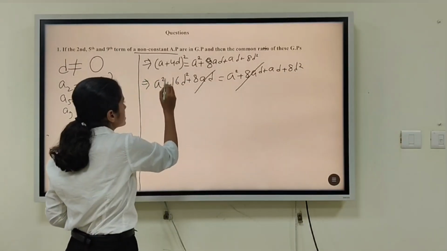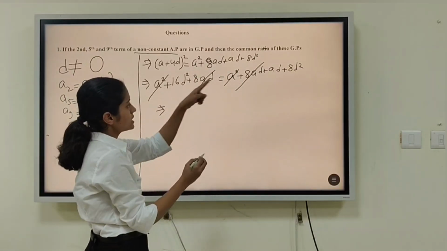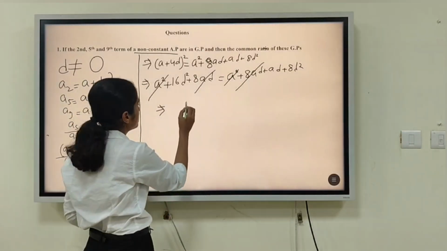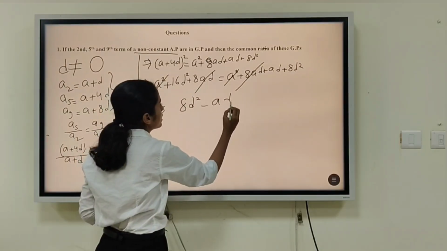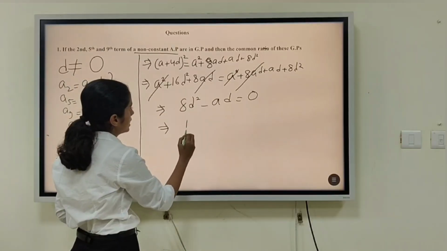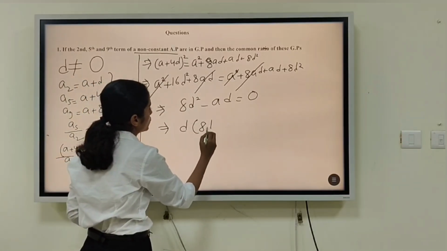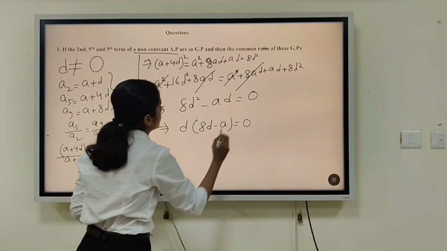We will cancel these terms and we get 16d square minus 8d square, which will be equal to ad, so 8d square minus ad is equal to 0. We will take d as common, so it will be d times (8d minus a), which is equal to 0.